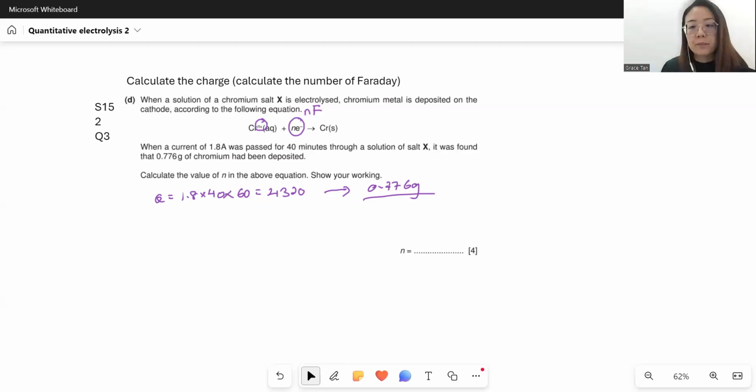Chromium is 52. Okay, so we divide by 52. So what is the number of moles? 0.0149.